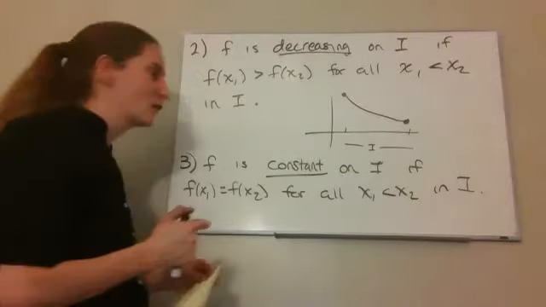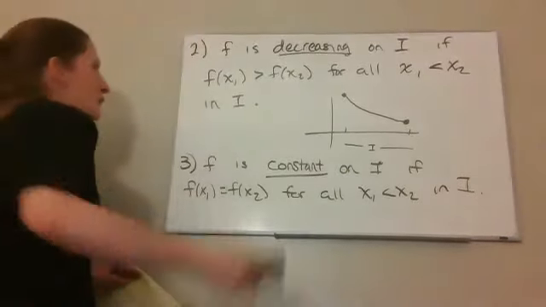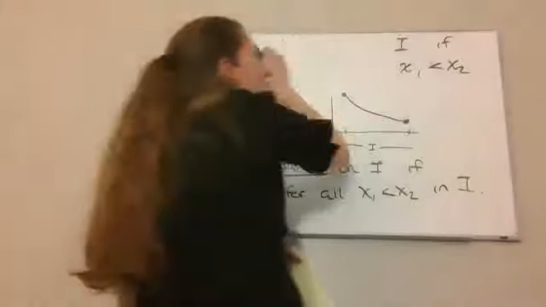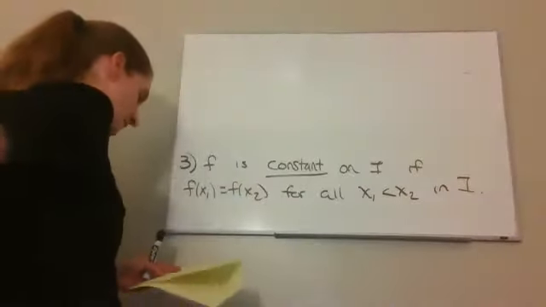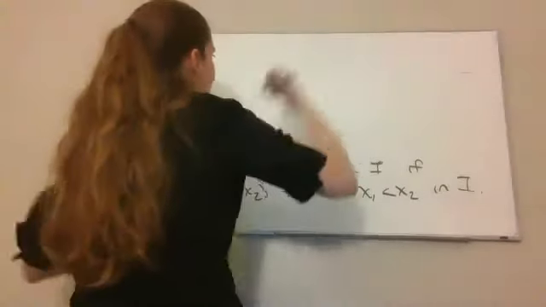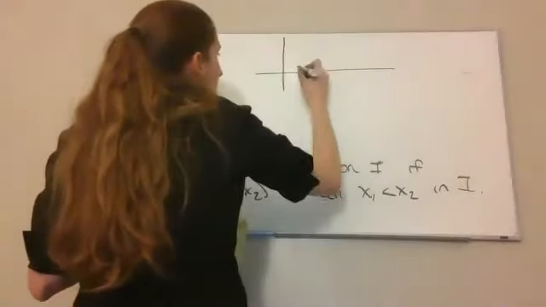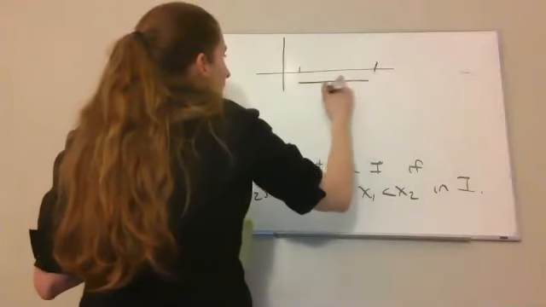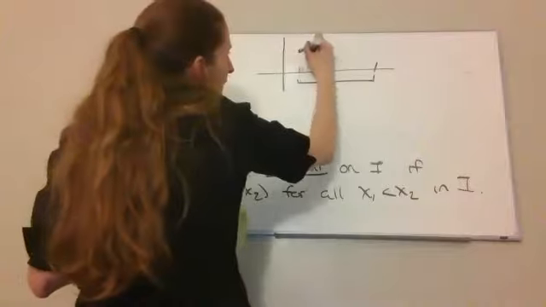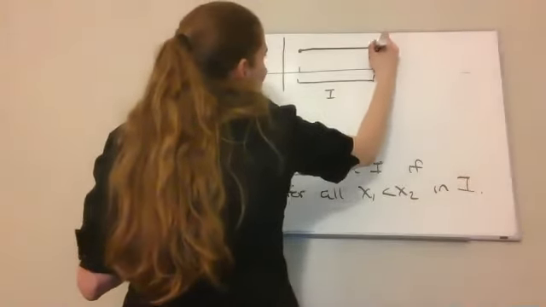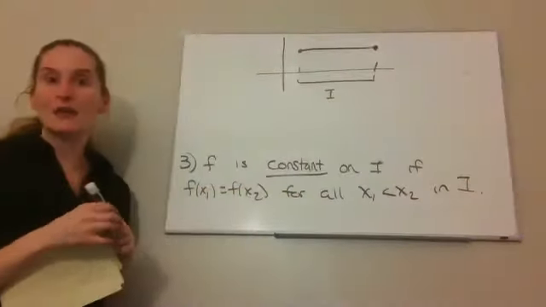It's just staying flat. Let me quick draw a sketch of what it would look like if it were constant. And then we'll do an example. So this is my interval I. A function is constant on that interval if it's not going up and it's not going down. It's just flat.